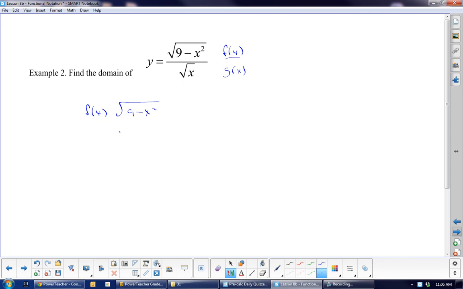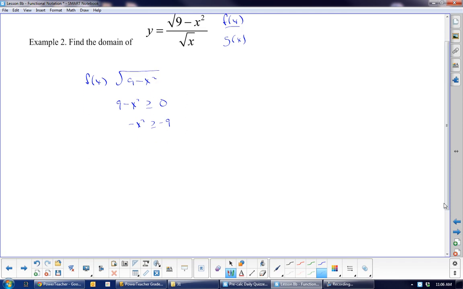So now 9 minus x squared has to be greater or equal to 0, because you're not allowed to have negatives under a radical sign. Negative x squared is going to be greater or equal to -9. I'm going to divide by -1.